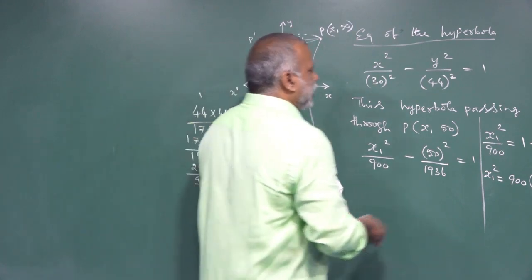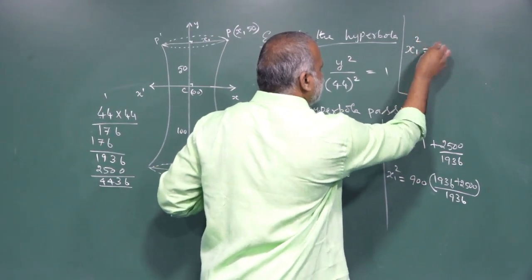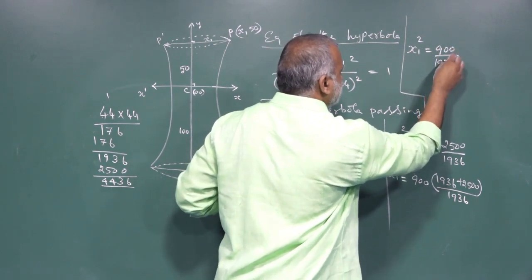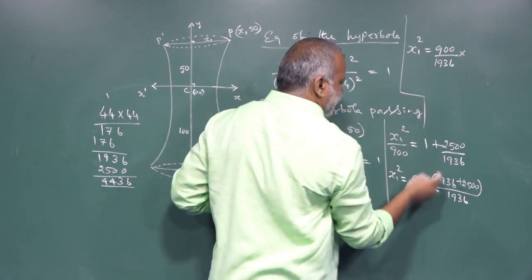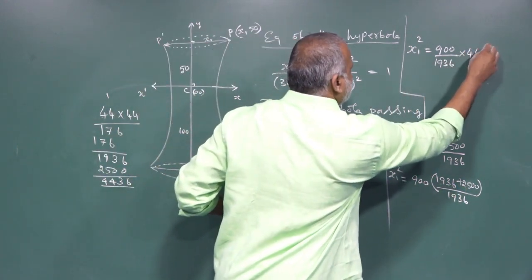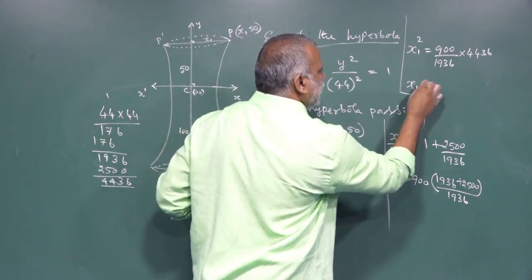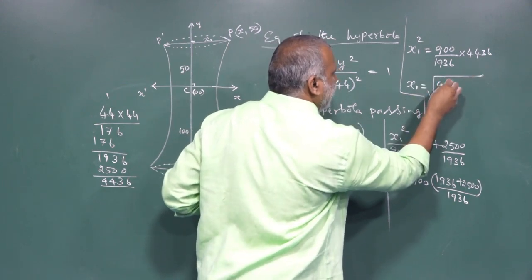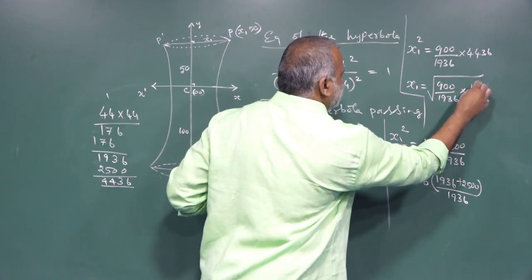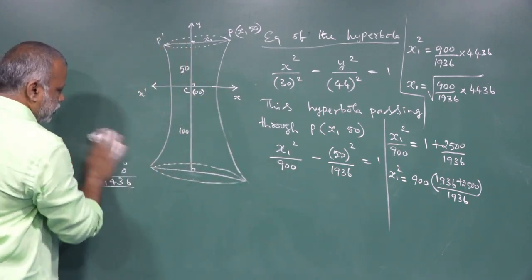Therefore, by simplifying, x1 squared equals 900 divided by 1936 multiplied by 4436. We want to find the value of x1. Therefore, x1 equals the square root of 900 divided by 1936 multiplied by 4436.